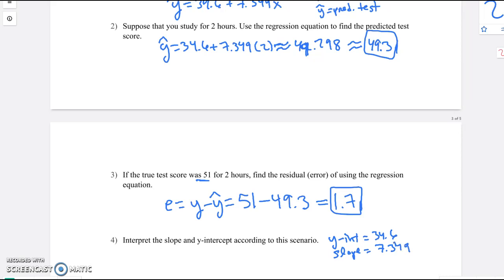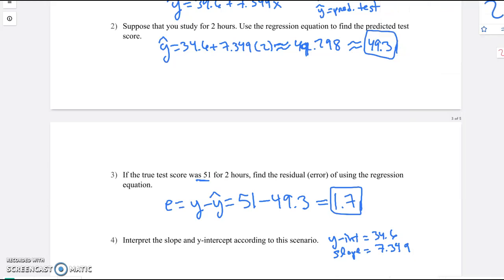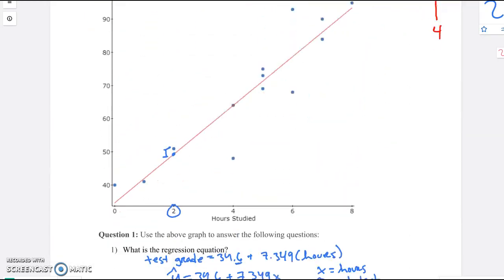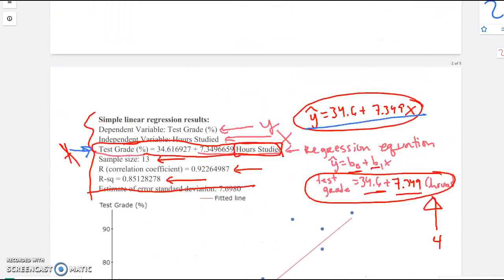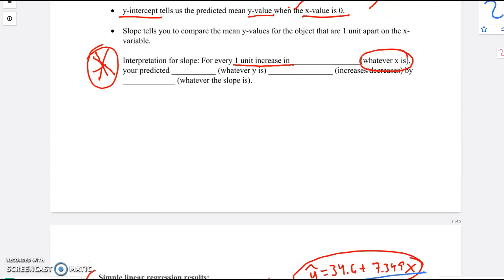Okay, so what exactly do these numbers mean? Don't just say, oh, this is what it is. What do they mean? If you need to, go back to the beginning where it says what the meanings of slope and intercept are, and read it there, or look at the previous video. But basically, I'm just going to go ahead and write it down.